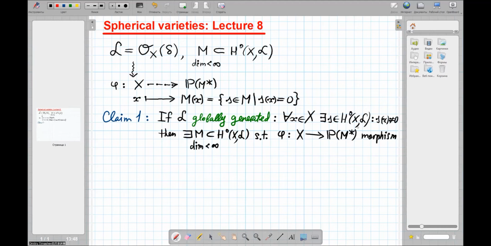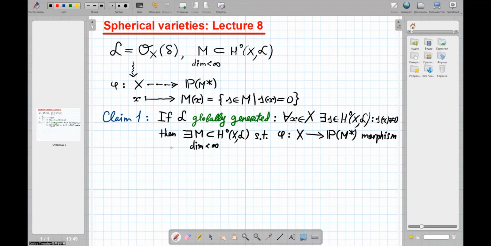So you can choose finitely many sections such that for any point, there is a section from this finite collection which does not vanish at this point. And now I can take for M the linear span of this finite set of global sections. So this is the argument why this claim is true. Why can we choose a finite number of sections?